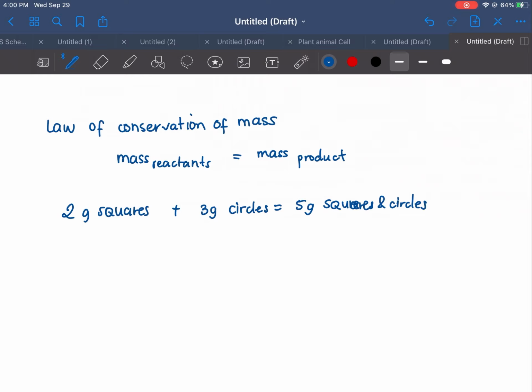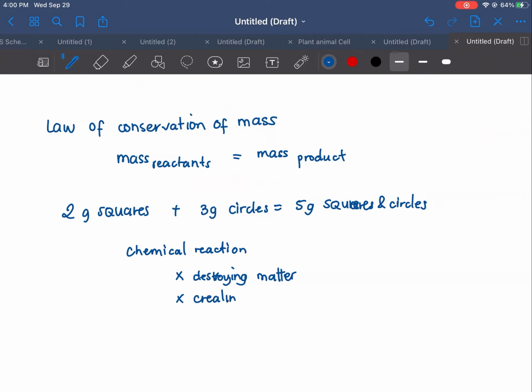Always remember that the mass of your reactants will always be the same as the mass of the product. This is very important for chemical reactions, because when you have a chemical reaction, matter is the one that's transformed. You're not destroying matter, and you are also not creating new matter.